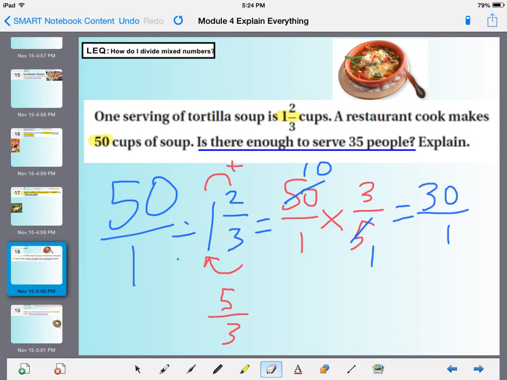That means we have enough soup to serve 30 people. And so in order to answer this question, we would be able to justify it by saying that unfortunately, the 50 cups of soup at 1 2/3 cups of servings for each one would only serve enough for 30 people, not 35.